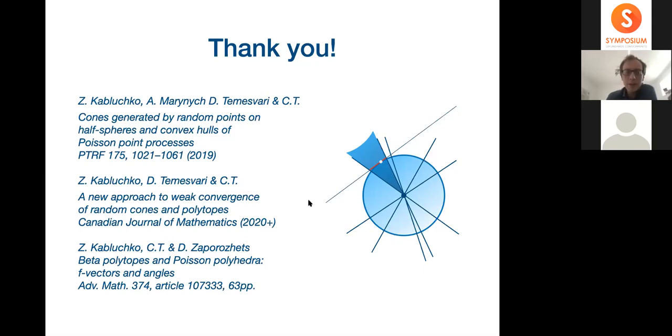This is the second paper here, and in the background of everything are densities of a so-called beta type, and the convex hulls of these are so-called beta polytopes. Our results also admit an interpretation in terms of beta polytopes and these Poisson polyhedra, which are the cells of this hyperplane tessellation. And if you are interested in the fundamentals of this theory, you can have a look at the last article. It just remains to thank you for your attention.